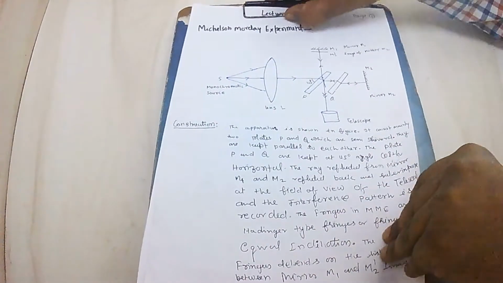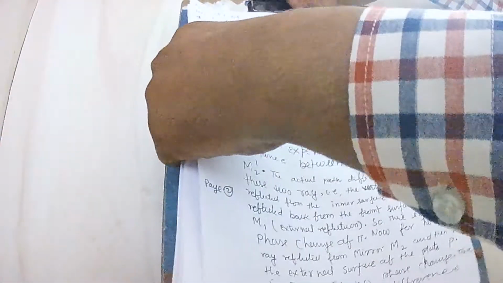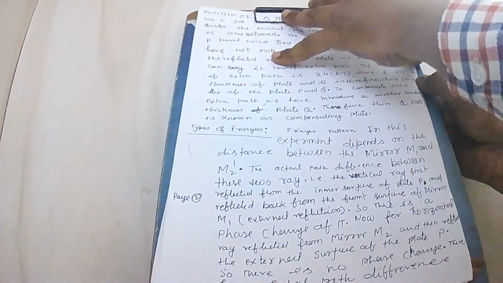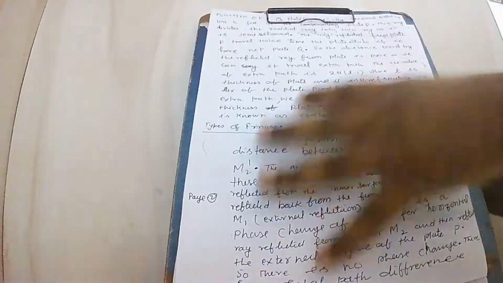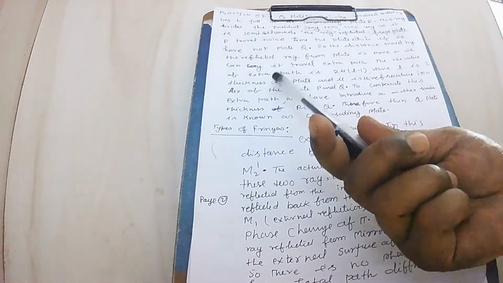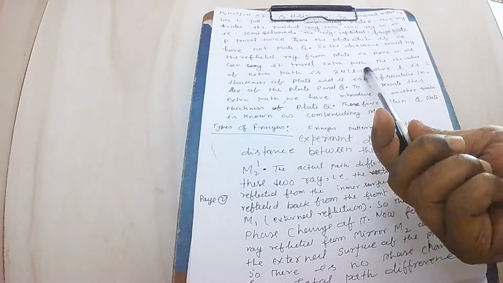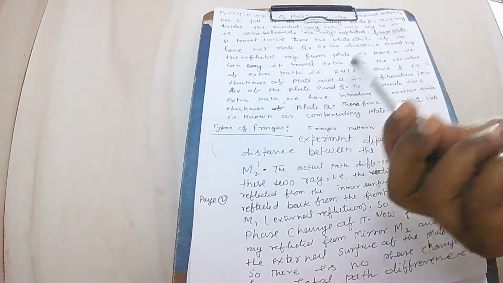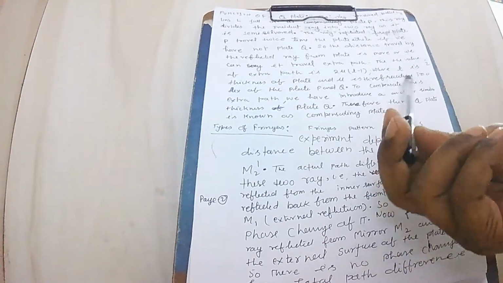The extra path is 2 mu t cos r minus 2 t cos r, which we can express as 2 (mu minus 1) t, where t is the thickness of the plate and mu is its refractive index.